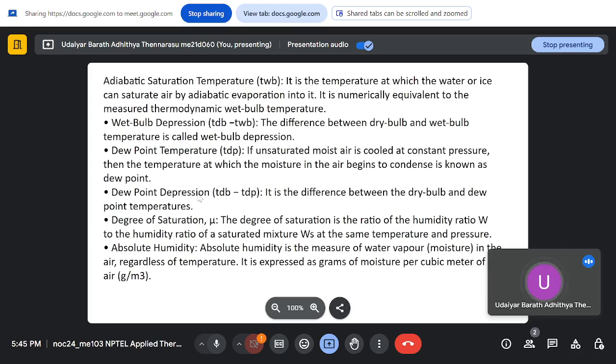Then degree of saturation is the ratio of the humidity ratio to the humidity ratio of the saturated mixture, so omega by omega s is your degree of saturation. Absolute humidity is the measure of water vapor in the air, mass of water divided by mass of dry air, so that gives you the absolute humidity.